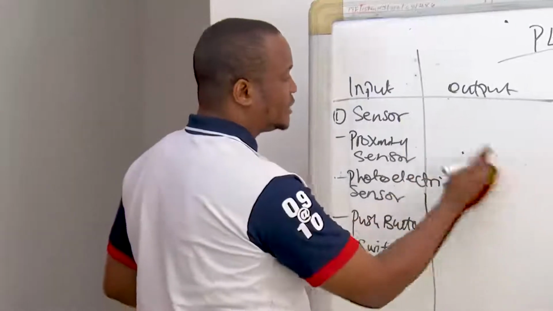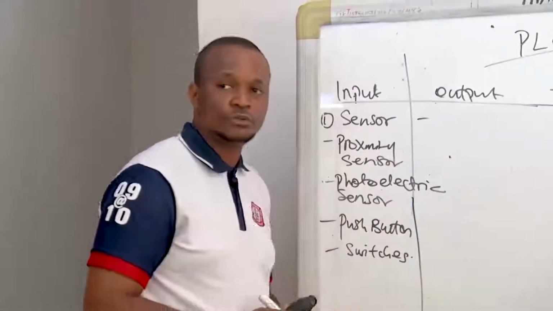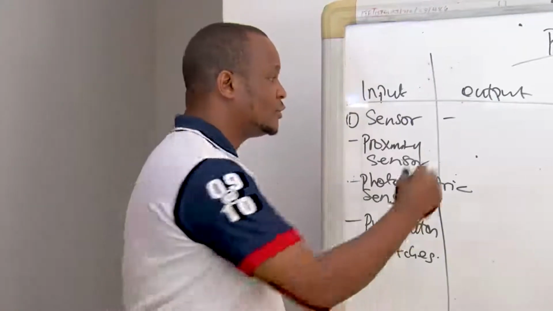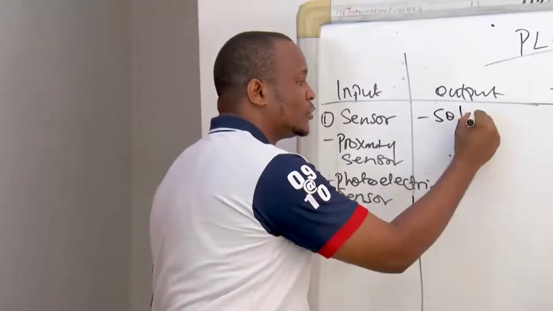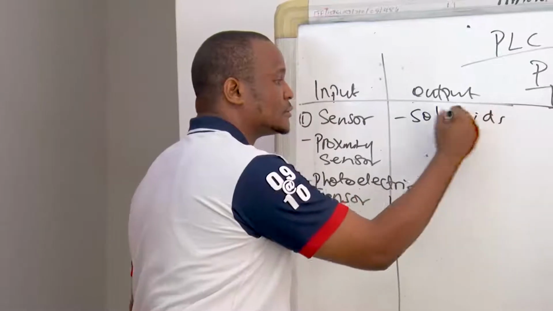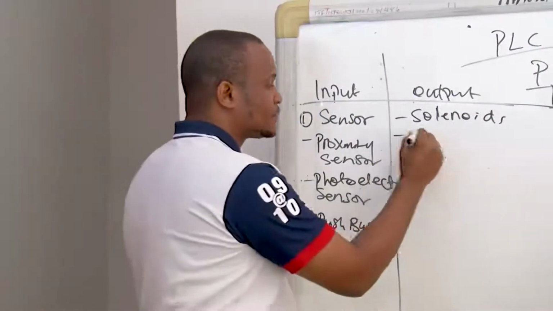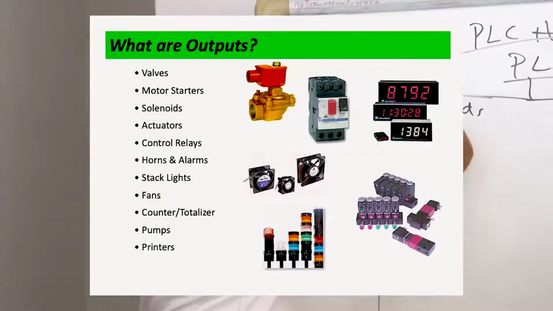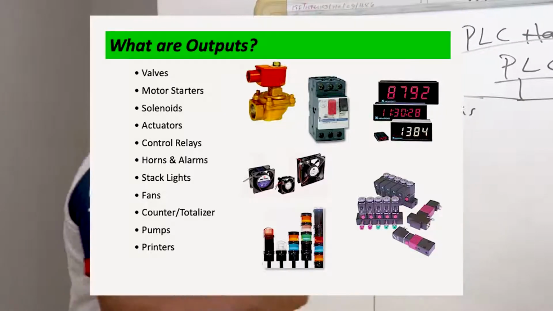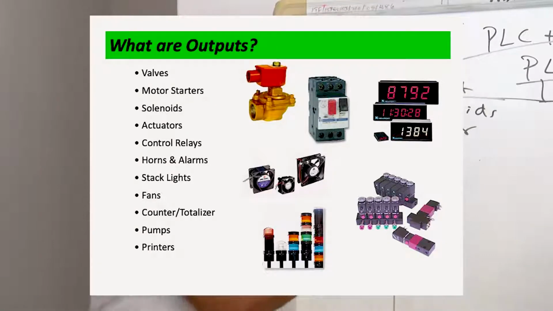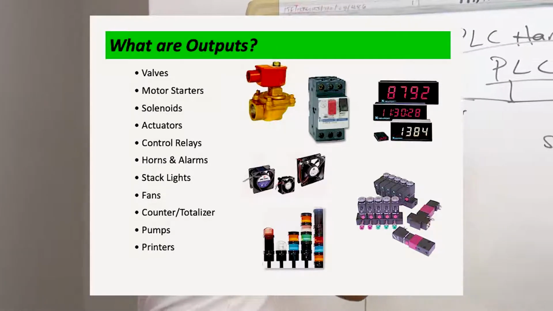What of output devices? What are the things that constitute output devices? Output devices include things like solenoids. Solenoids are output devices, okay? Motors, electric motors are what? Output devices. We also have relays.